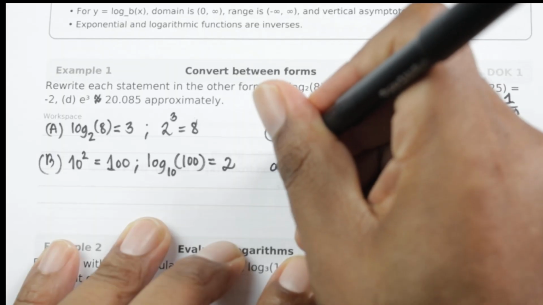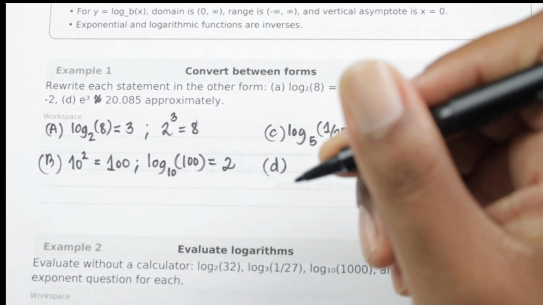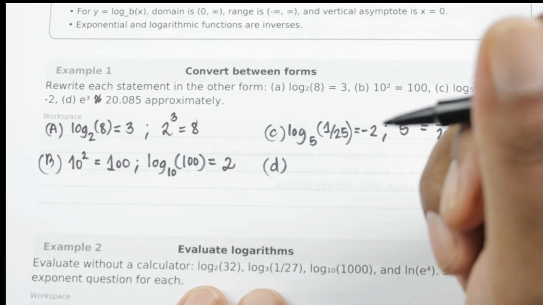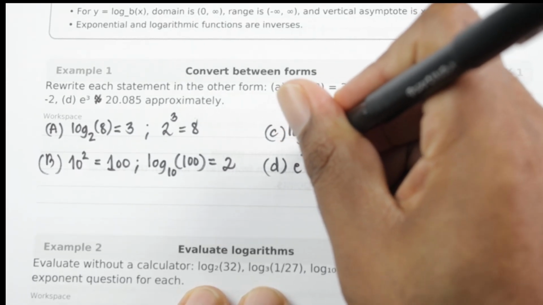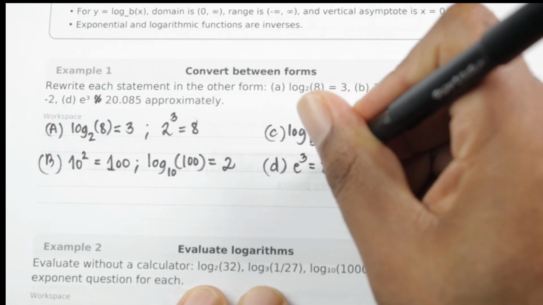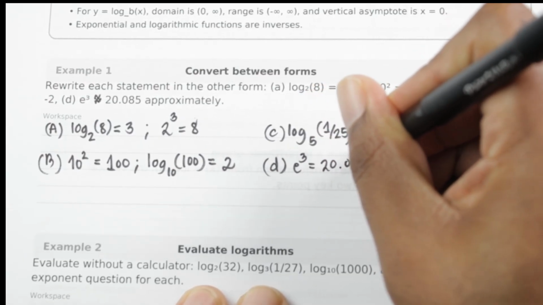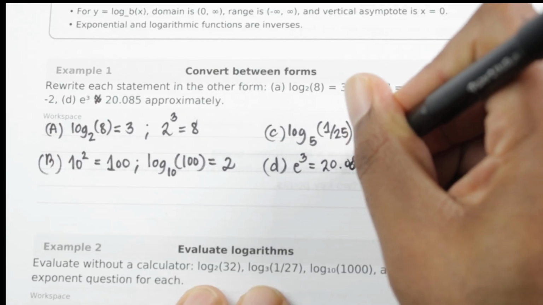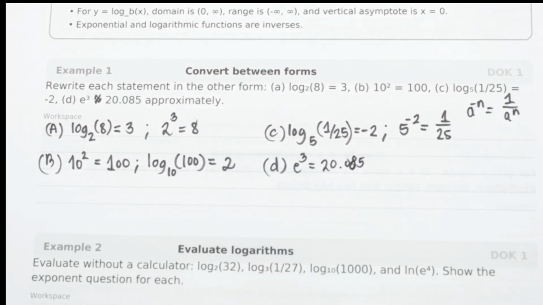Then D, we need to convert e to the power of 3, which equals 20.085. A logarithm with the base e is called a natural logarithm.